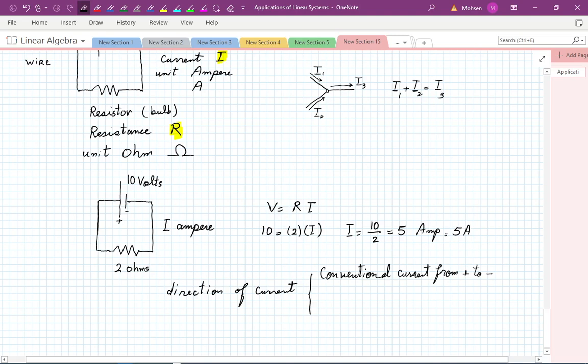That went on until the beginning of the 20th century, when people realized the atomic nature of matter, and they realized that for most substances like copper wires, what is moving is a flow of electrons, a current going from the negative side to the positive side.